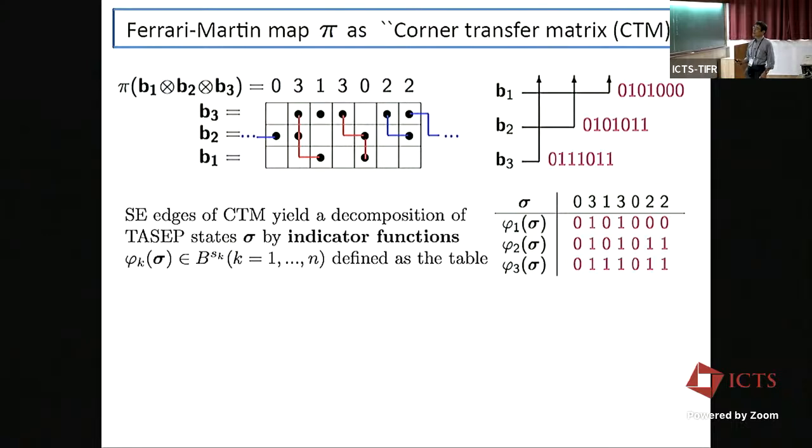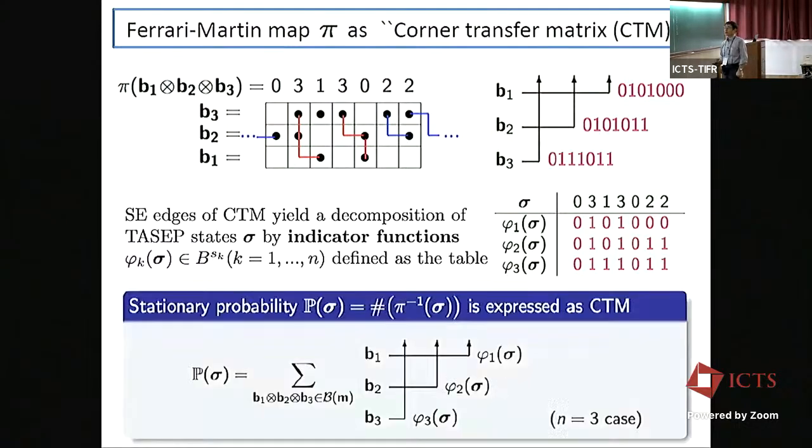This is an indicator that local states are greater than 2. This is an indicator that local states are greater than 1. This is an indicator function that local states are greater than 0. You can go from the TASEP states to the set of indicator functions and back. It's a bijective correspondence. So through these observations, you can reformulate the Ferrari-Martin result as a corner transfer matrix.